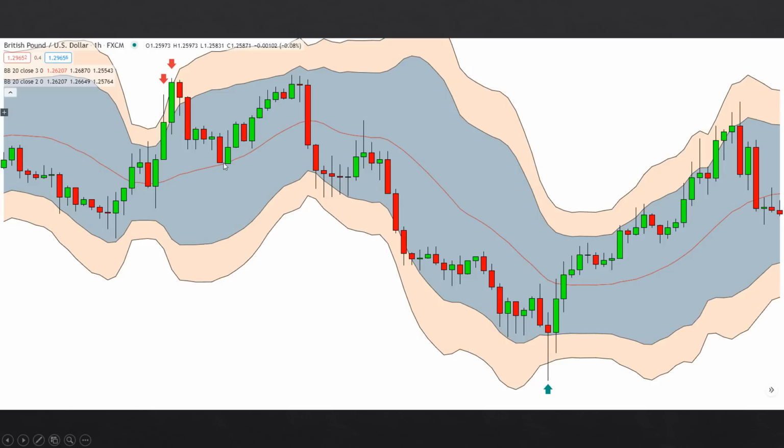It's important that you understand that this doesn't always happen. On the right side of the chart, we can see another example. Price does break out the 2 standard deviations barrier, but it's not until it breaks the 3 standard deviation barrier that it starts to reverse back to the mean as it is shown by the green arrow.